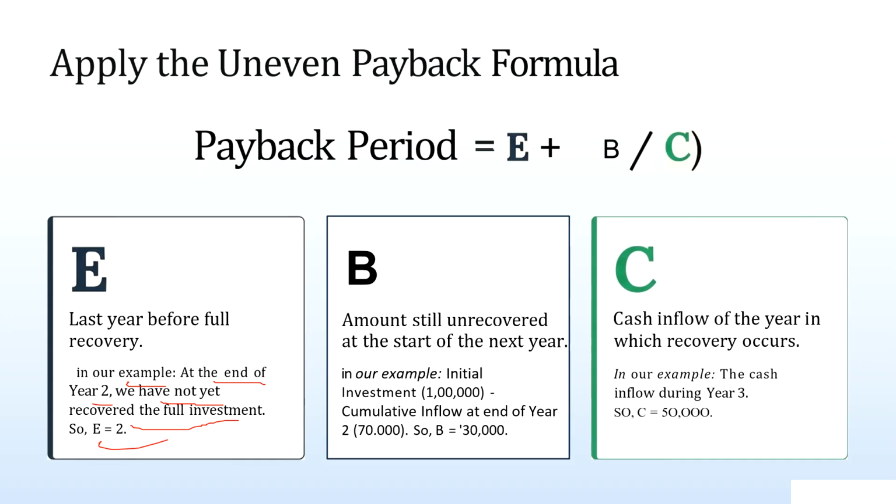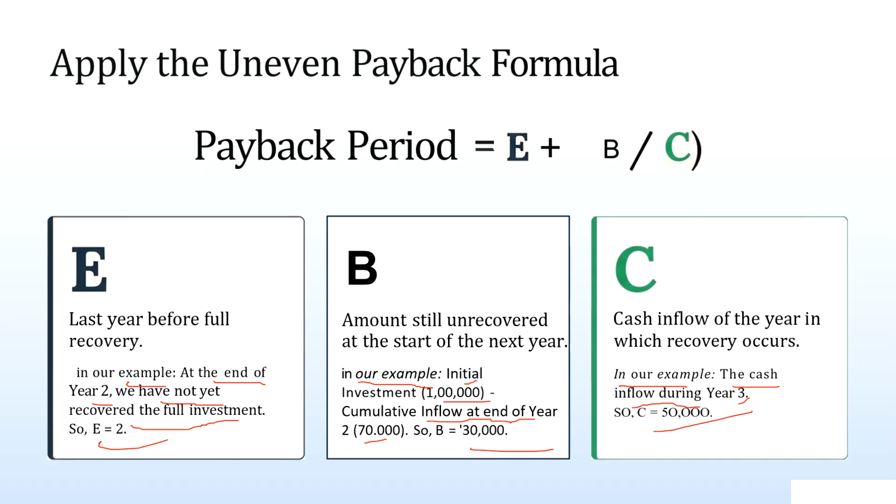Now in our example, the initial investment is 1 lakh, and the cumulative inflow at the end of year 2 is 70,000, so the B equals 30,000. Now move to next. In our example, the cash inflow during year 3 is 50,000, so the C equals 50,000.